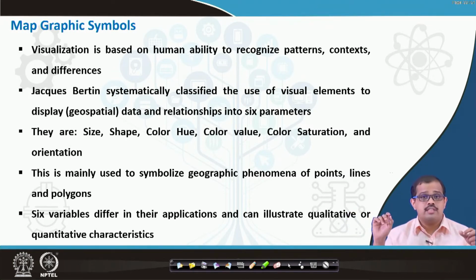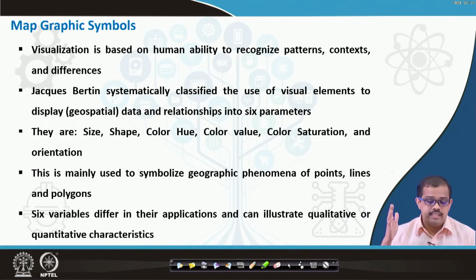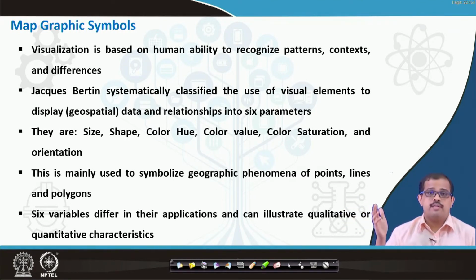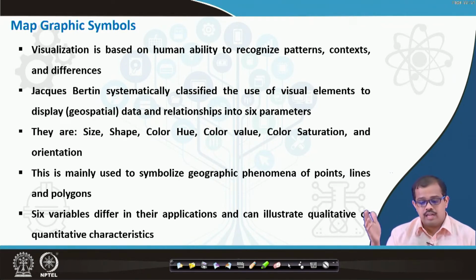The basic parameters that he looked at are size, shape, color hue, color value, and color saturation. This is basically the way you look at the information in your data. So size, shape, color hue, color value, color saturation, and orientation.